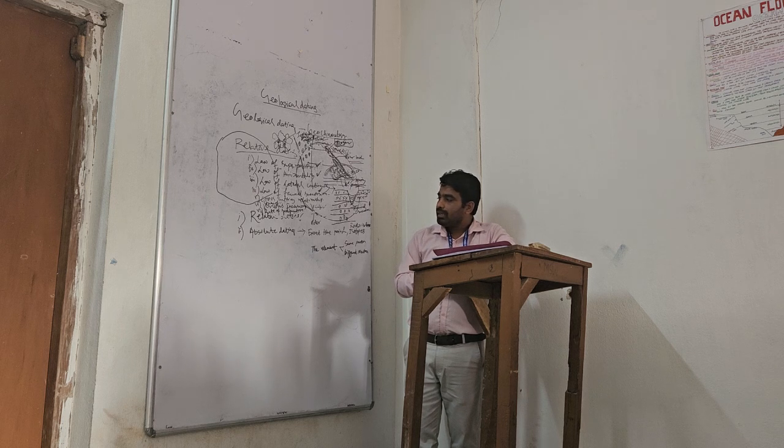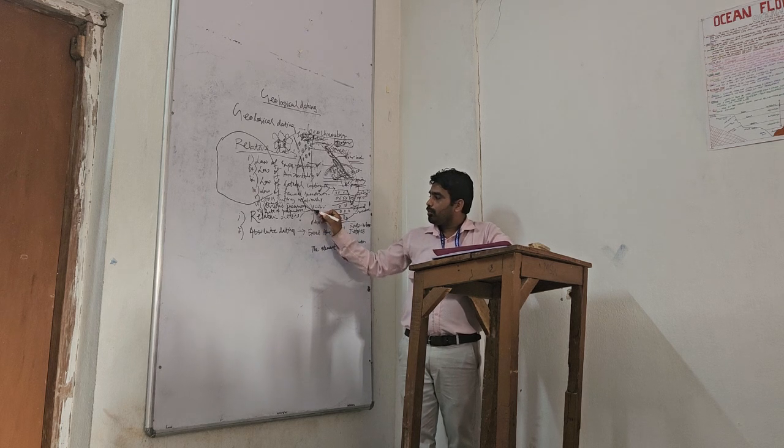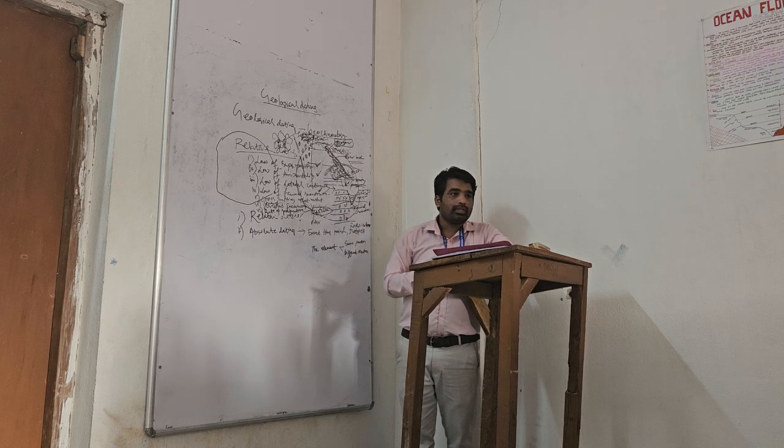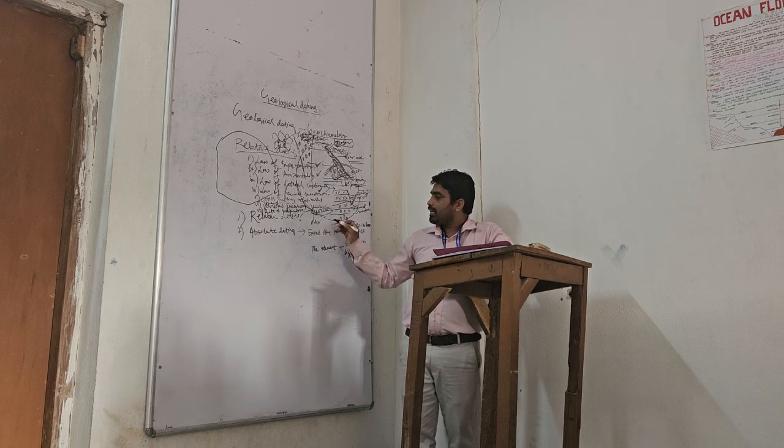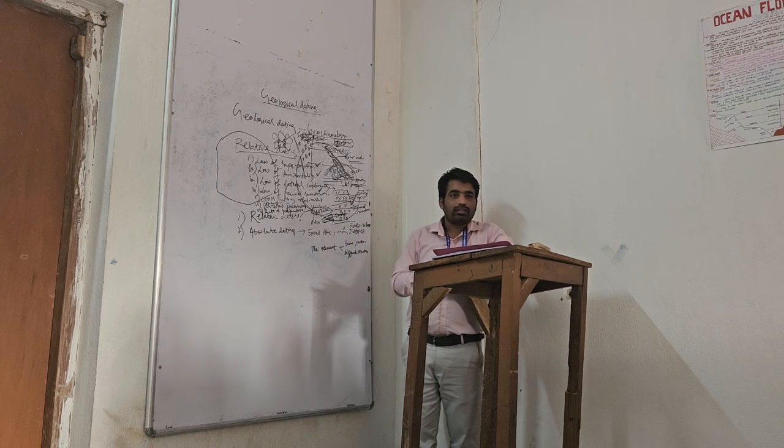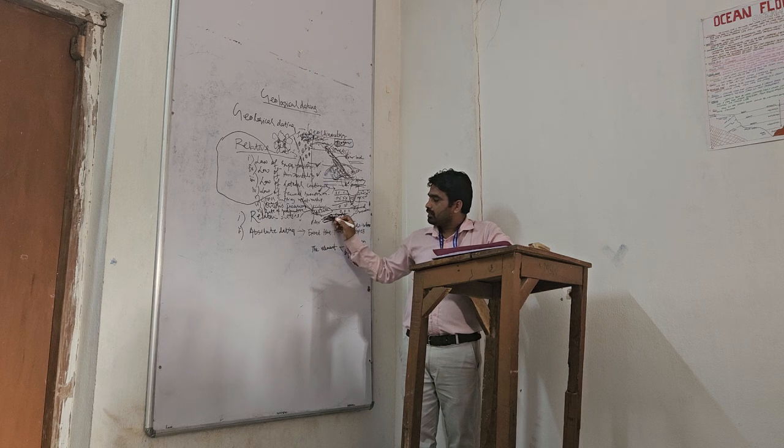The rate of sedimentation, we can take the example of Bhar deposit. In Bhar deposit, we take two layers of deposition representing a single year. One is summer, another is winter.